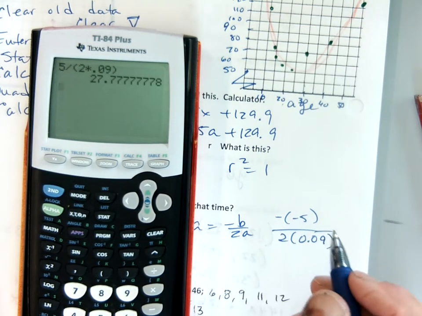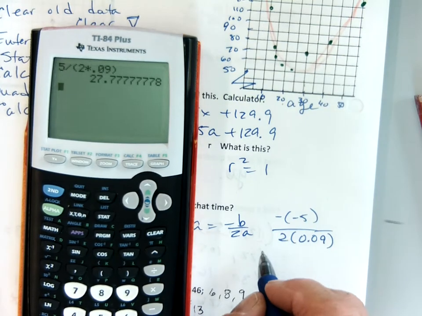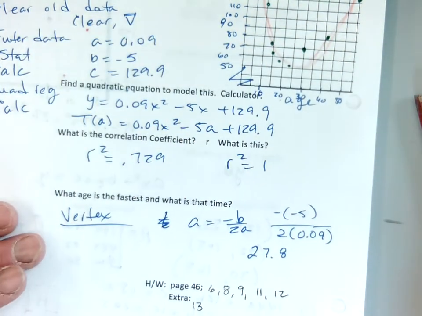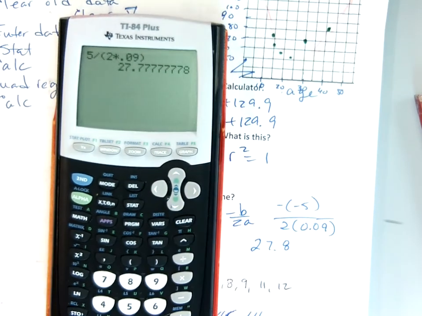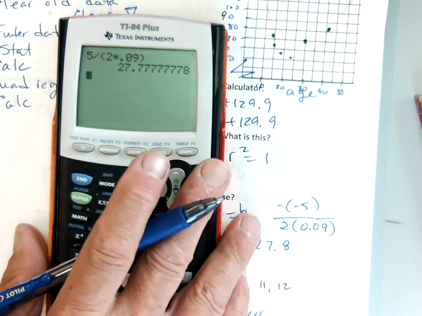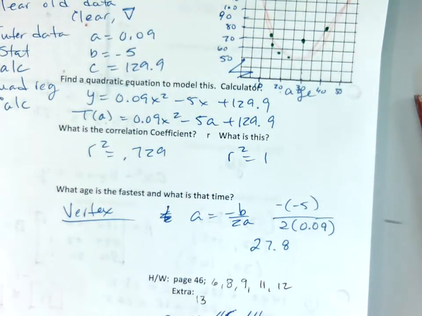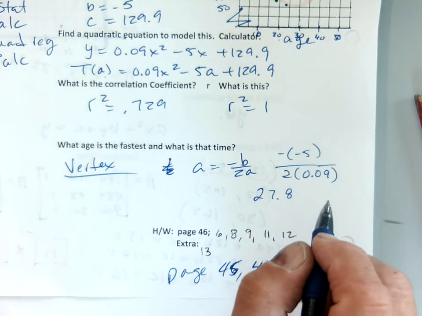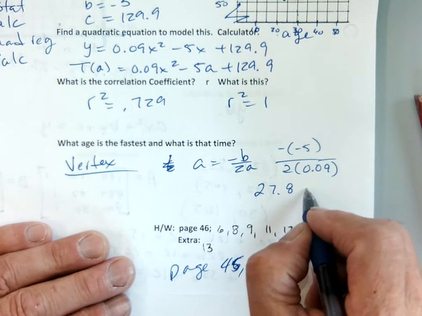About 27.7 or 27.8. So it means somebody almost 30 years old. It's about 28 years old. So some guy about 28 years old, and that's pretty close to being true. That's where you're at your fastest as a sprinter. That's what you see in the Olympics quite often. And that's the age.